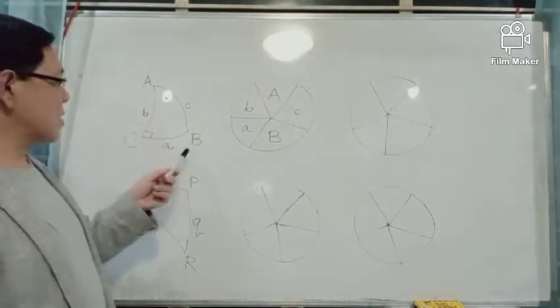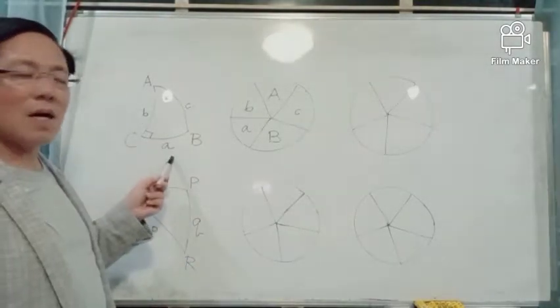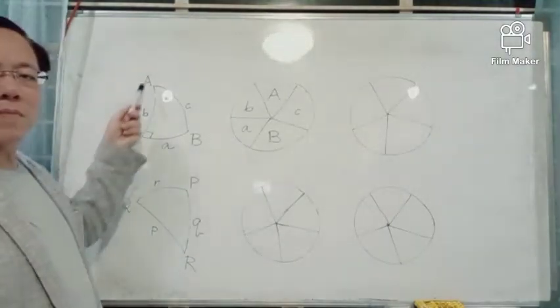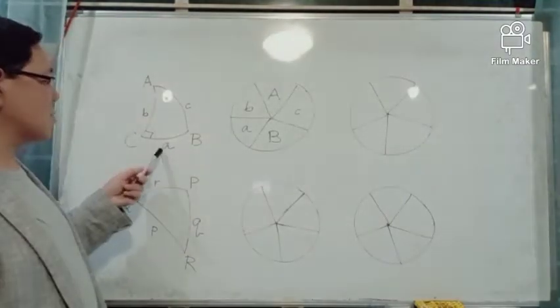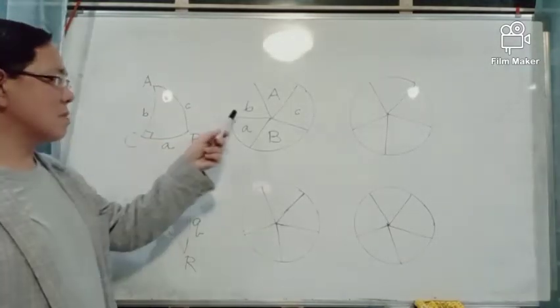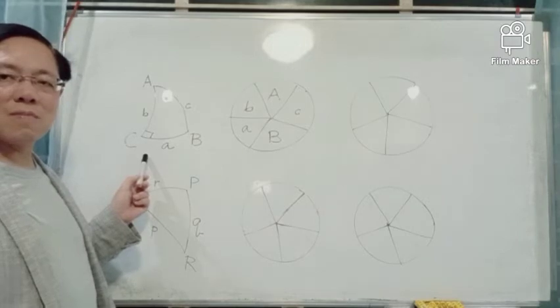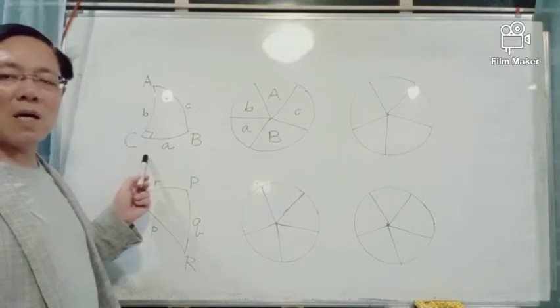If you start from A and you go in clockwise direction, next to small a is small b. Notice that we skip angle C because we already know angle C.